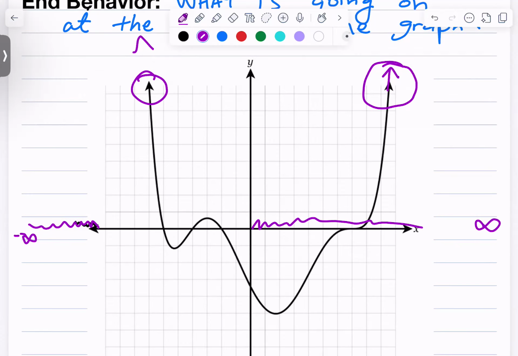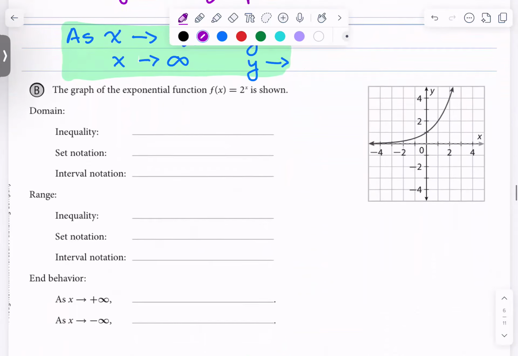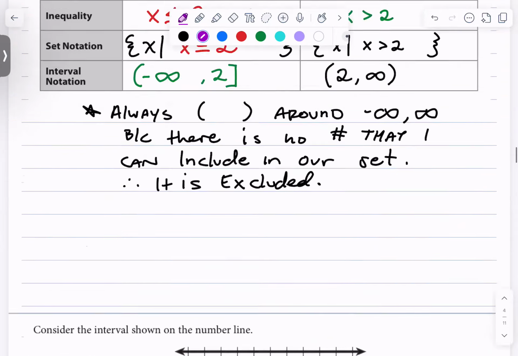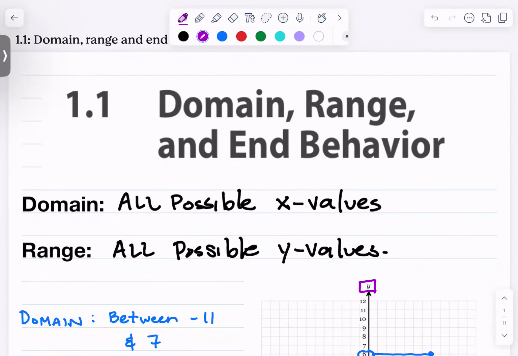Does that make sense? So this would also be positive infinity. Okay. Questions? No? I'm going to end the lesson here today. Okay, that's end behavior, and 1.1 on domain, range, and end behavior.